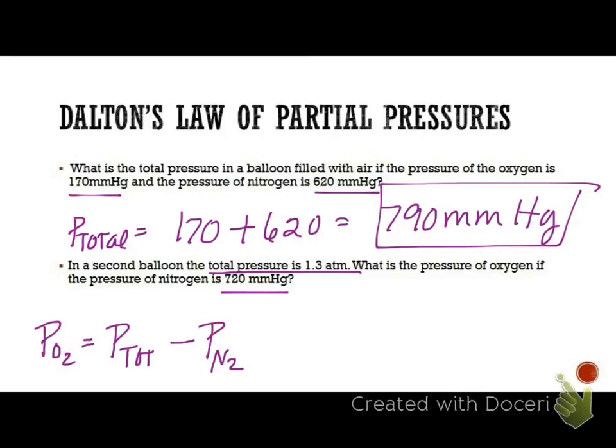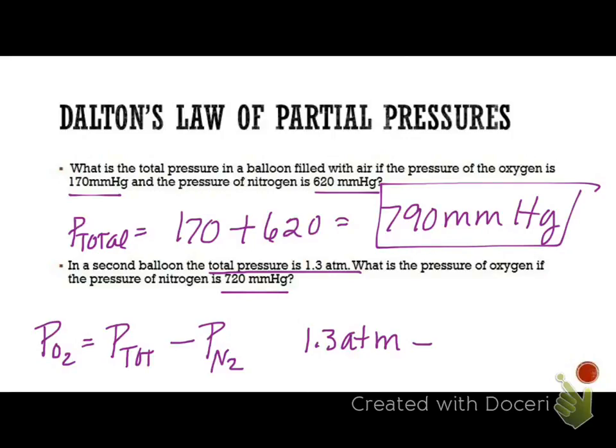Okay, so we would say that we'd have 1.3 atmosphere, and here we run into a little bit of a problem because we have to be in the same unit. And it's just your personal preference. It's just my habit to go to atmosphere. You could do it the other ways too. I just like to go to atmosphere.